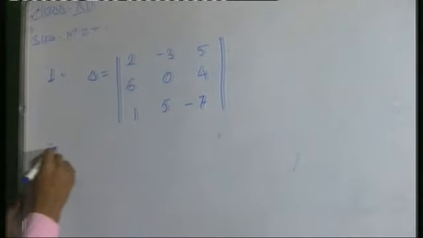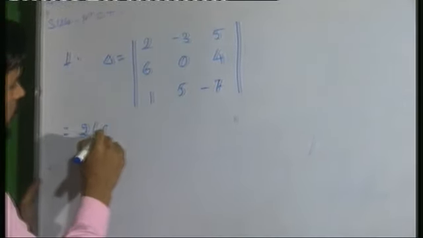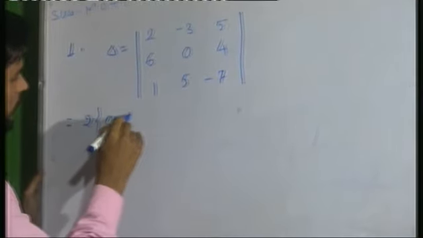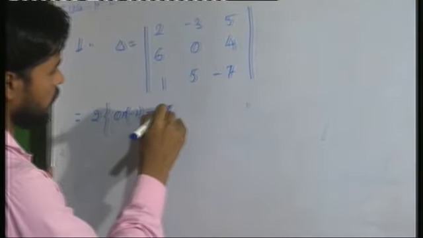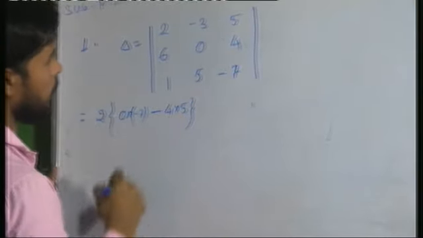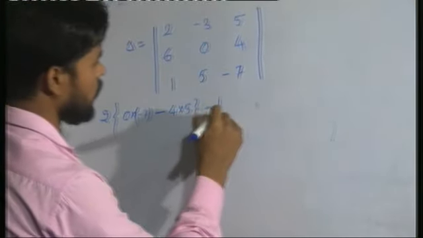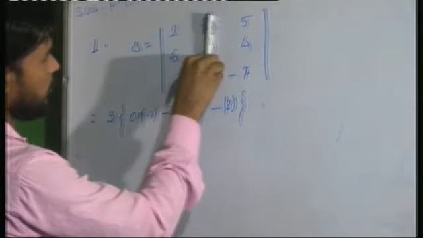So it will be 2 into 7 into 0 is equal to 0, minus 4 into 5. The second sign is minus, so minus 3 into, now cover this column and this row.